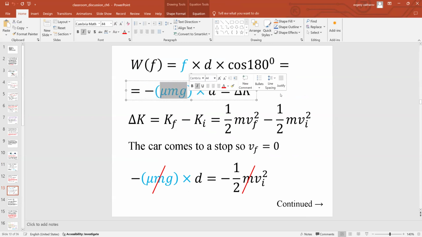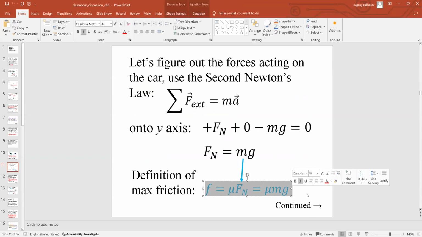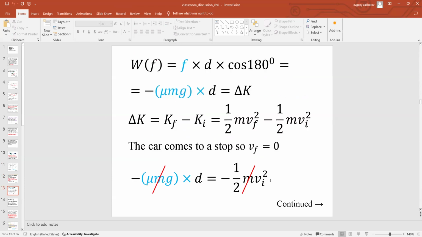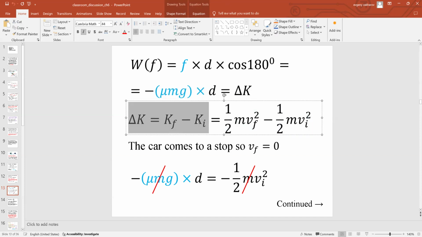Force of friction, we just figured out that force of friction is mu mg. So we substitute mu mg for friction. Displacement is displacement. And this is the change in kinetic energy. Change is always final, take away initial, which means 1/2 m final velocity squared, take away 1/2 m initial velocity squared.